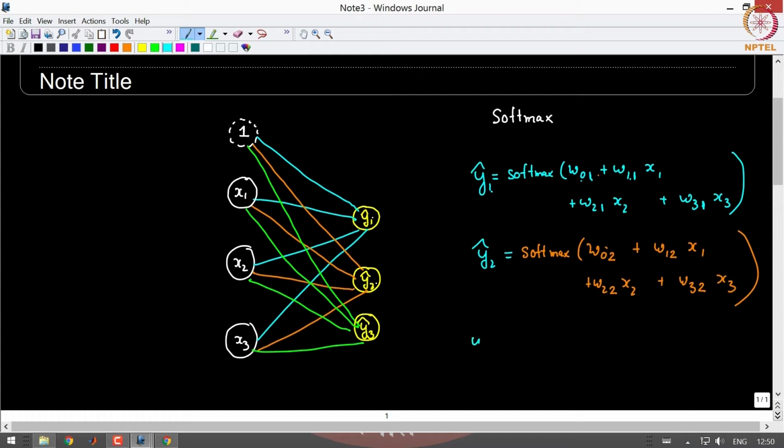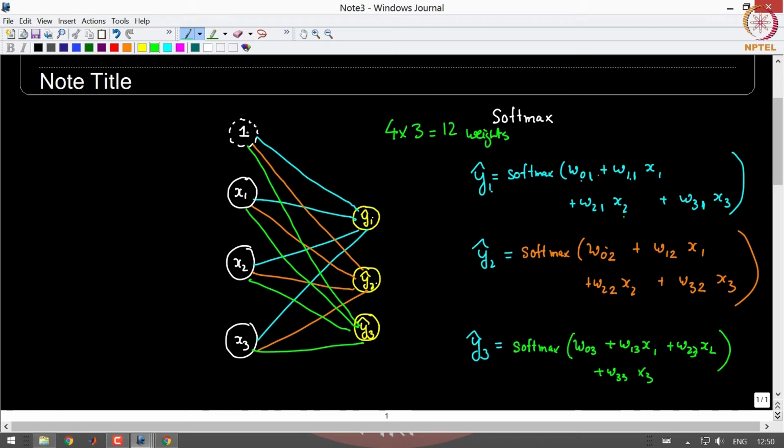So, y hat 3 would be softmax of W03 plus W13 x1 plus W23 x2 plus W33 x3. Okay. So, how many weights do we have? 4 unique weights in each one of these. So, you have 4 into 3, 12 weights in order to account for the bias term also.